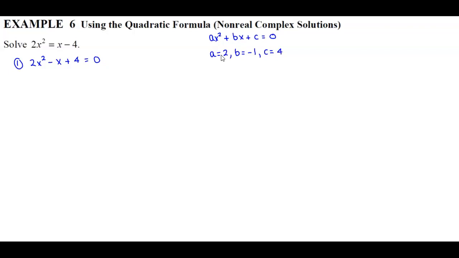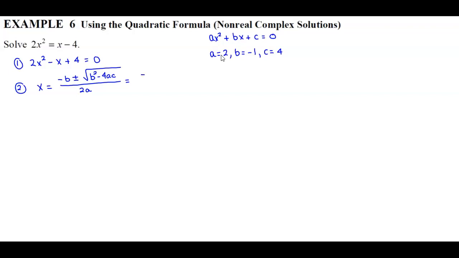Okay, so now we're going to go ahead and use that quadratic formula. Now let's write out the formula, because we know x is equal to negative b plus or minus the square root of b squared minus 4ac, and we're going to divide that by 2a. Okay, so let's plug in the values of a, b, and c into the quadratic formula.